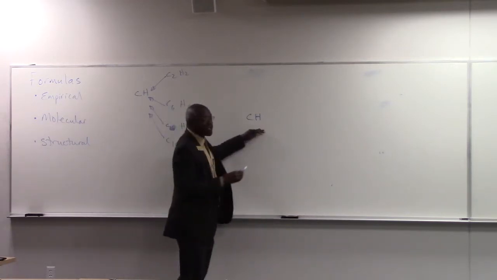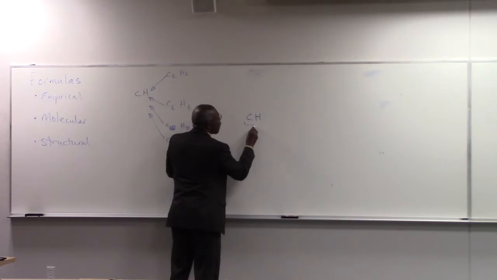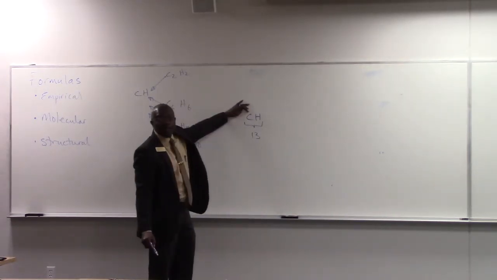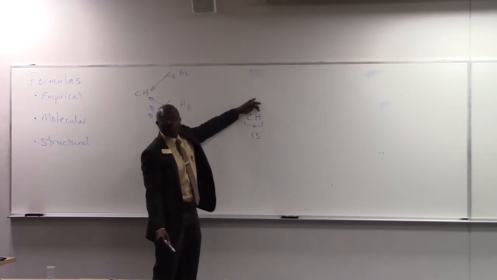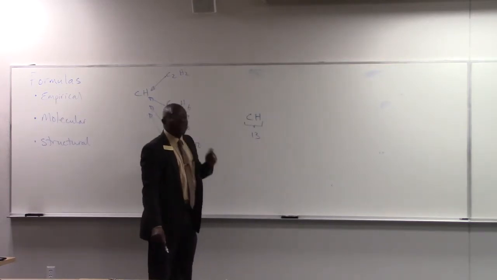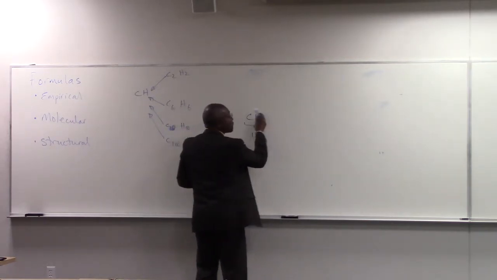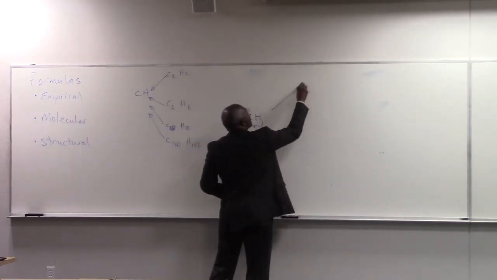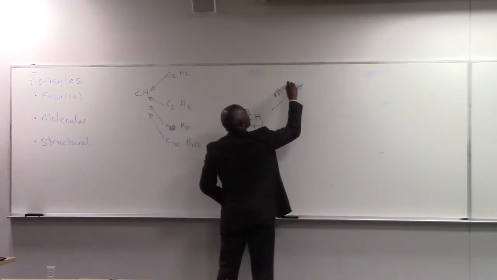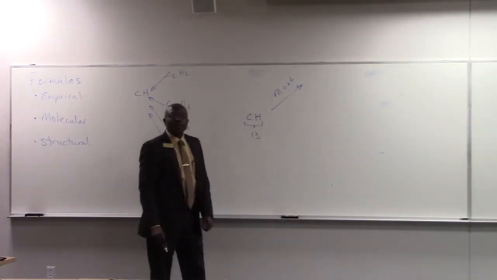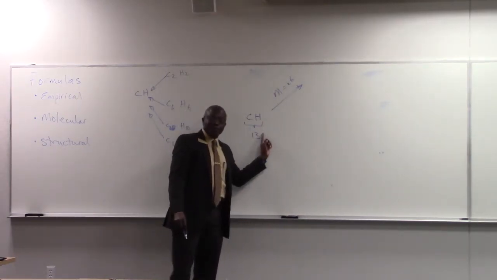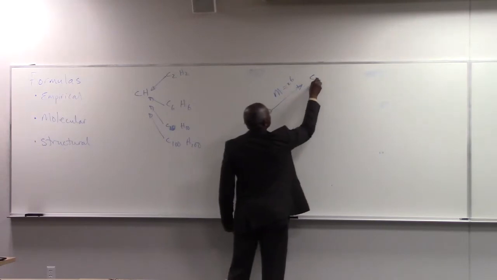So here is CH, and this formula unit has a mass of 13, right? Carbon is 12, H is 1. So CH is 13. So if they tell you, I have a compound of formula CH whose molar mass is equal to 26, well, there must be 2 13s in that 26, and the formula is C2H2.